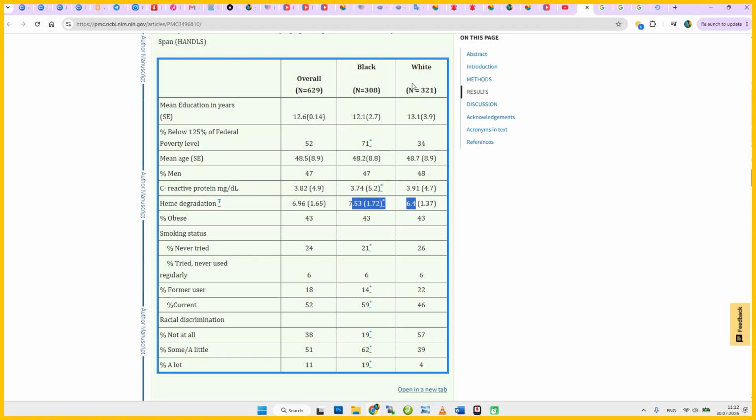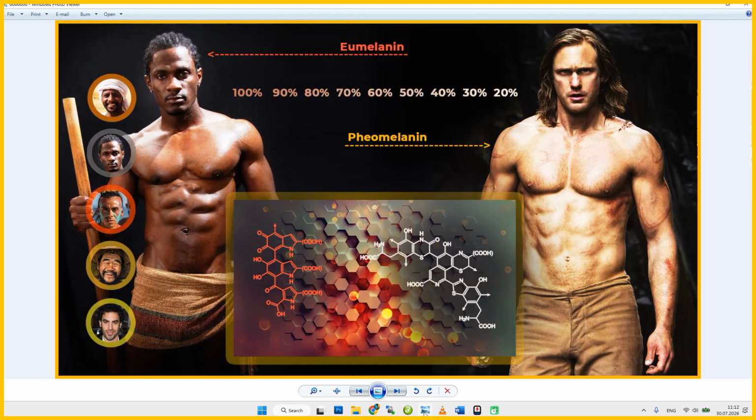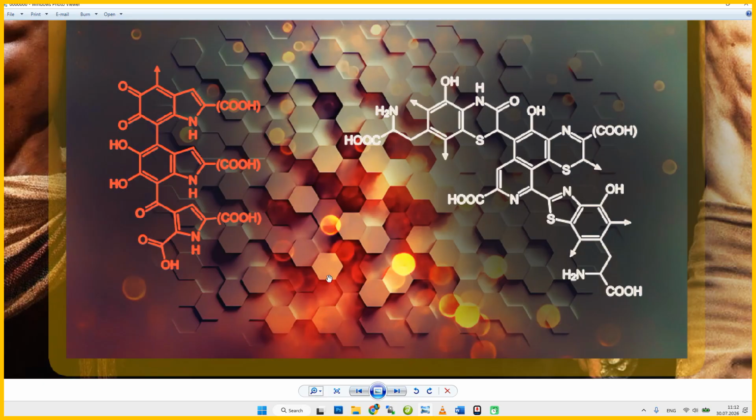So that was first, and we go to the second proof. Okay, and the second proof is here. Don't look at the face. Yeah, I know this is an actor. But okay, I just try to show the structure. This is pheomelanin.